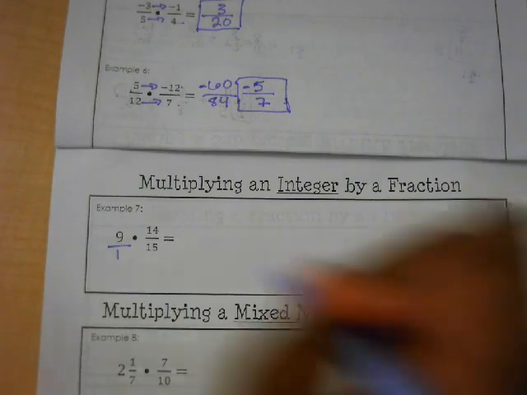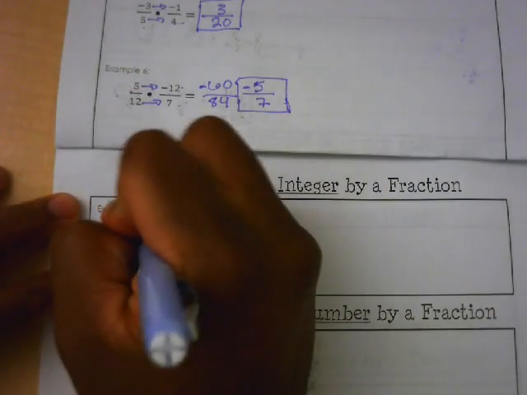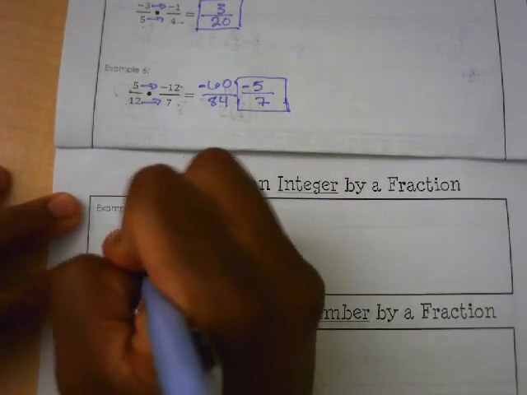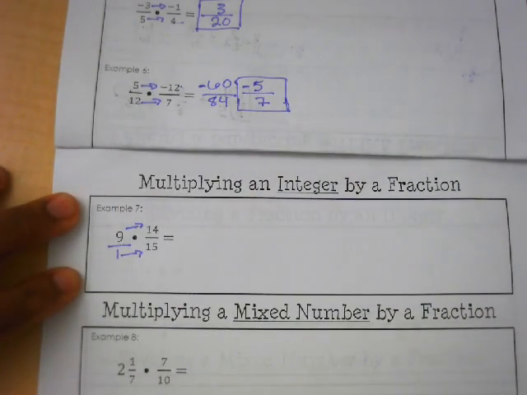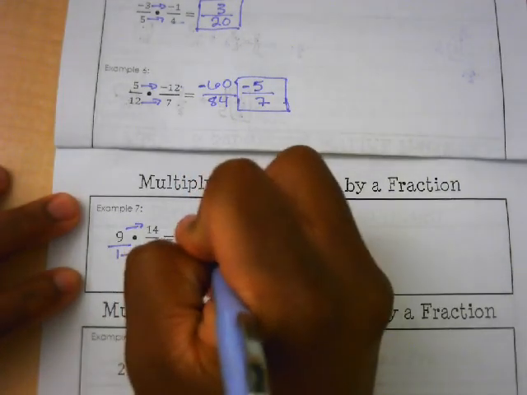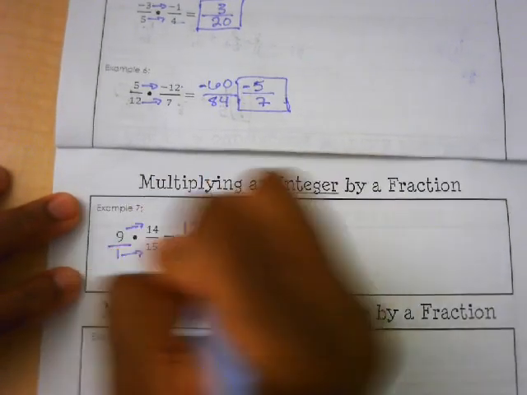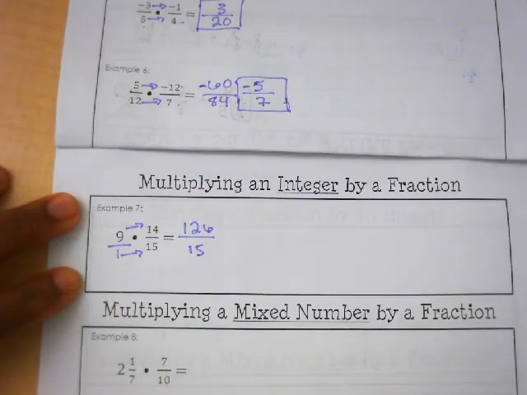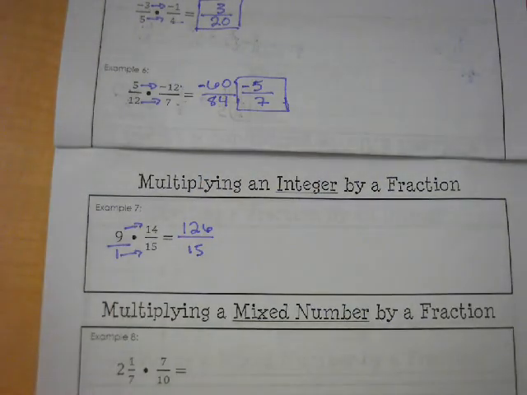So same deal, we multiply straight across here, 9 times 14, and then we multiply straight across here, 1 times 15. So 9 times 14 is 126, and then 1 times 15 is 15. Now I have to think, what number goes into both 126 and 15 if I was to simplify?